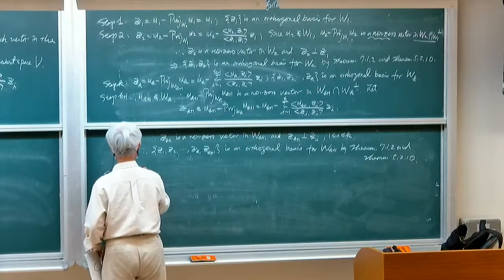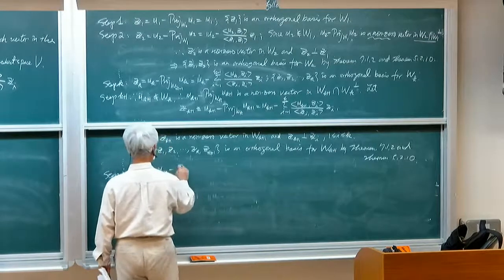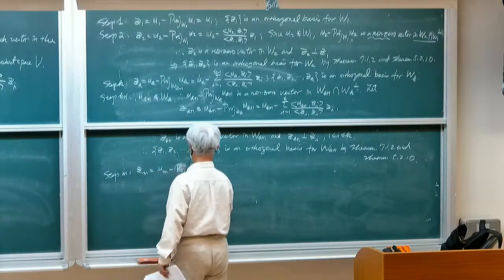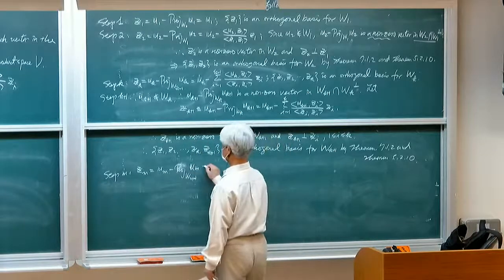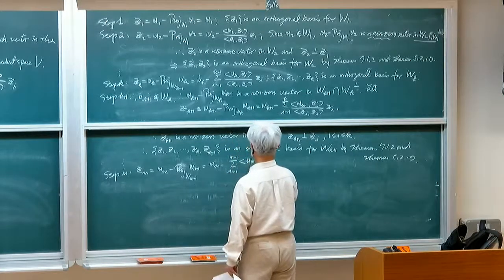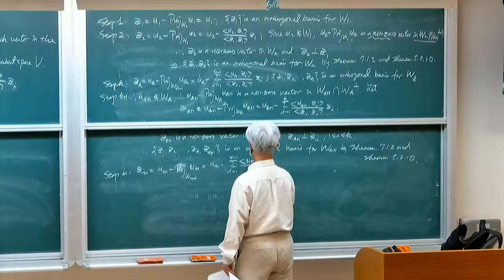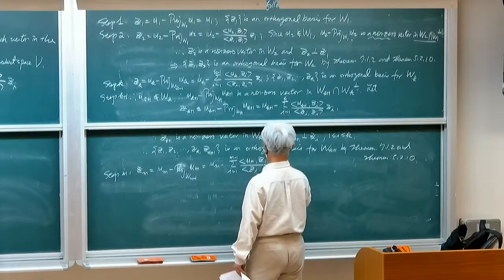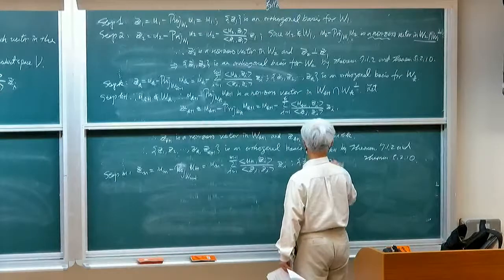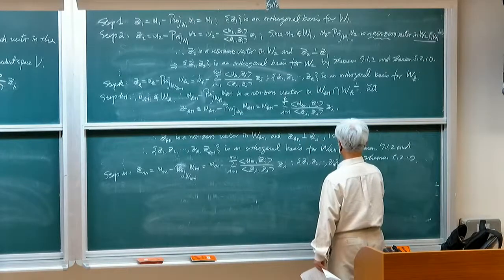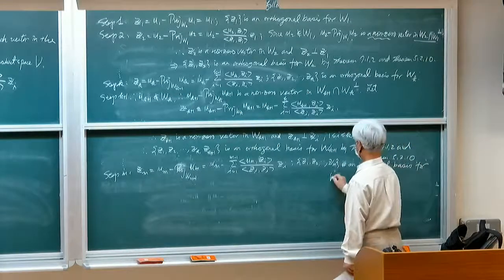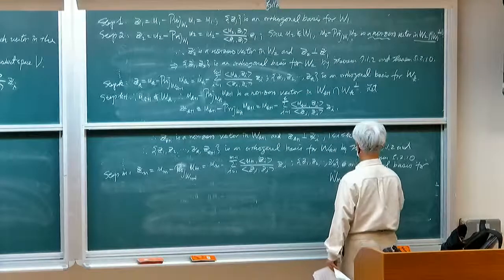So we have Zm is Um minus the projection of Um onto W sub m minus 1, and also we have Z1, Z2 up to Zm is an orthogonal basis for Wm, which is the span of X here.